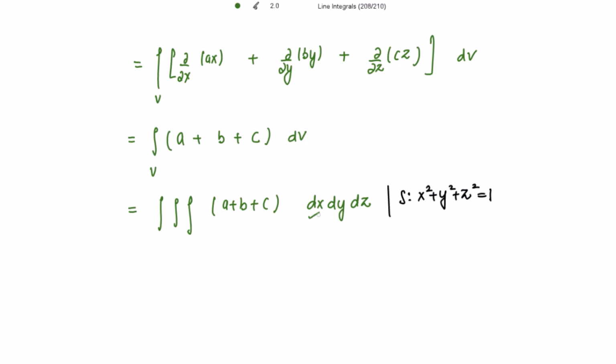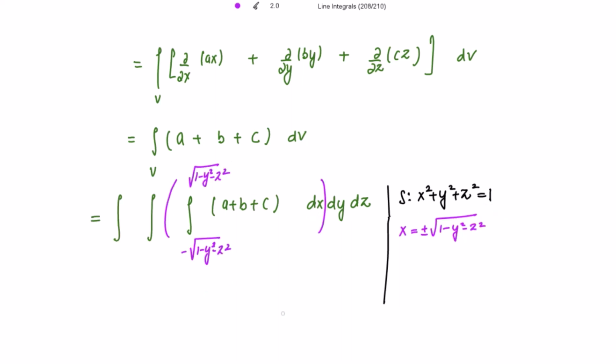Now writing the limits for x from this surface. So x is equal to plus minus the square root of 1 − y² − z². So the lower limit is negative of the square root of 1 − y² − z², and the upper limit is the square root of 1 − y² − z². And now writing the limits for y, for the yz plane, we take x equal to 0.